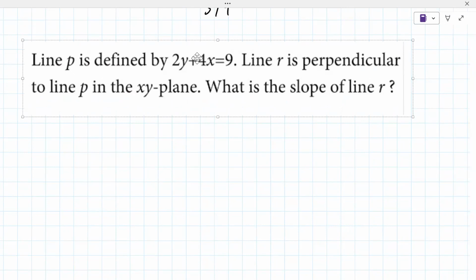So negative 1/2. Try again. Oh, is that your final answer? Sorry, wait, hold on. I realized I was looking at it incorrectly. Yeah, they put y first to be deceptive, which is common.